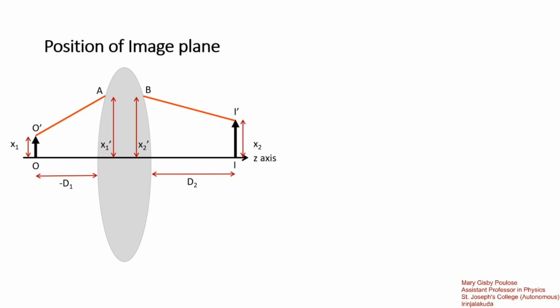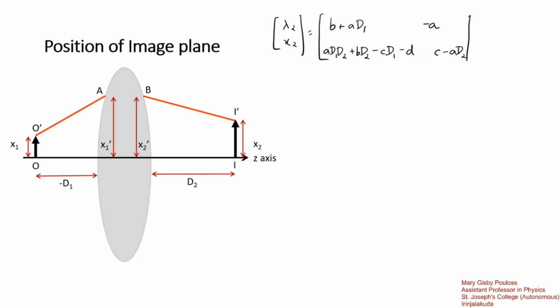Now the system matrix for the image plane is written as matrix lambda 2 x2 is equal to b plus a d1, minus a, d1 d2 plus b d2 minus c d1 minus d, c minus a d2 upon lambda 1 x1.